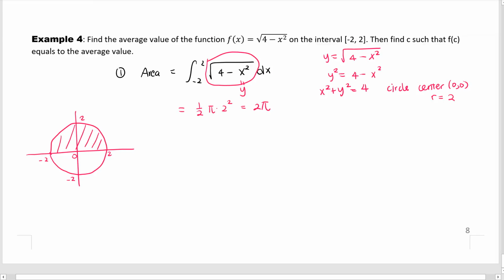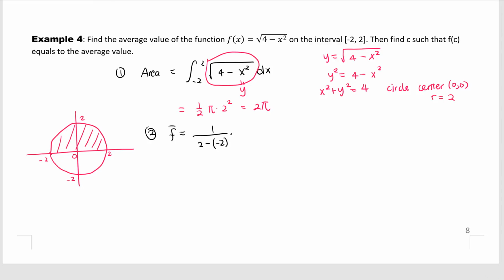Okay, second step. What is the average value? Well, what's the length of that interval? 2 minus -2, times the area. 2 minus -2 is like 2 plus 2, which is 4. So 2 pi over 4, that is pi over 2. So the average value is pi over 2. You know pi is like 3.14, right?